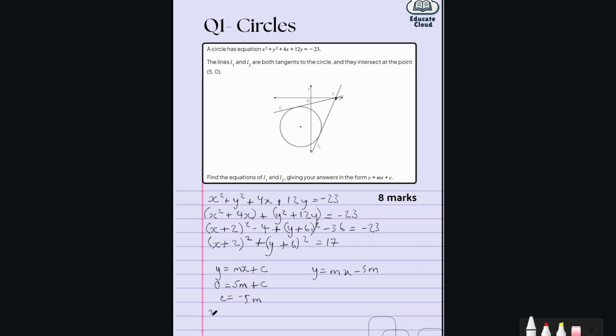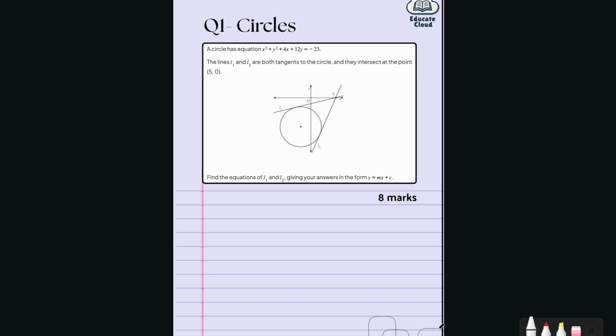So we have x squared plus y squared plus 4x plus 12y equals minus 23. We sub in mx minus 5m instead of the y, so x squared plus (mx minus 5m) all squared plus 4x plus 12(mx minus 5m) equals minus 23.